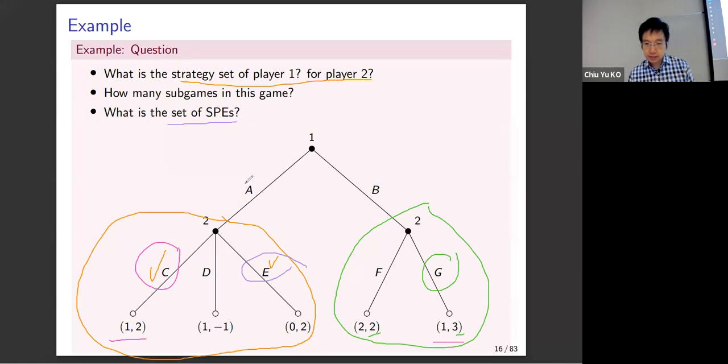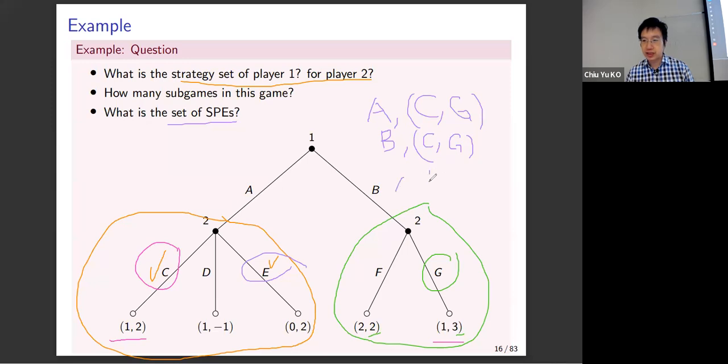If player 2 chooses C and G, remember player 2's strategy is 2 things, and player 1 will choose A. Also there's another one: B, C, G is also an equilibrium.